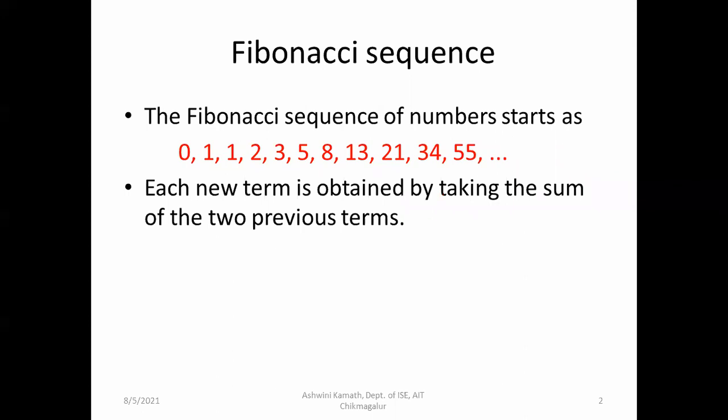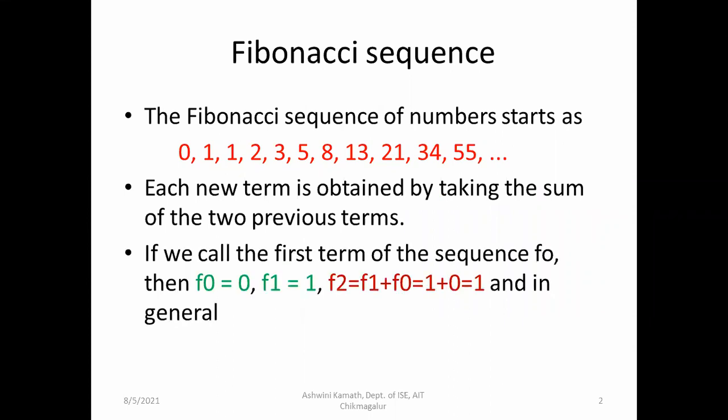So each new term is obtained by taking the sum of the two previous terms. If we call the first term in the sequence f0, then f0 is equal to 0 and f1 is equal to 1. And what is f2? f2 is equal to f1 plus f0, which is 1 plus 0, equal to 1. That will be the third number, that is f2.